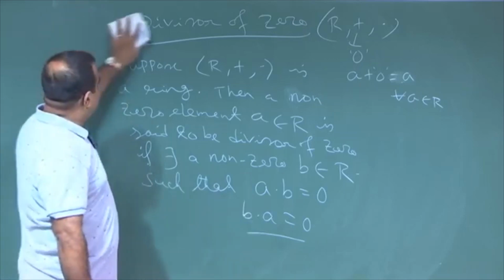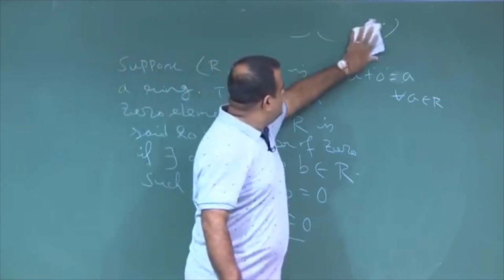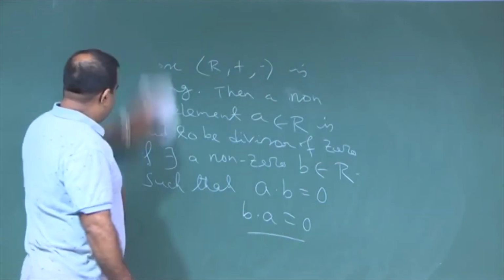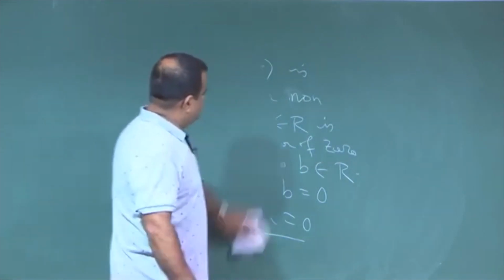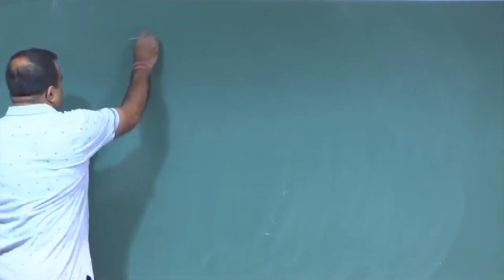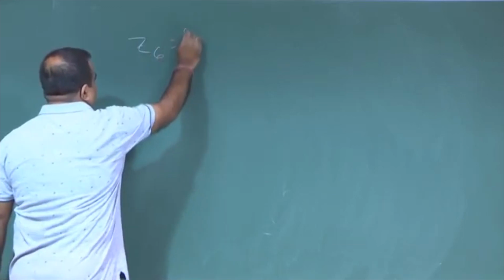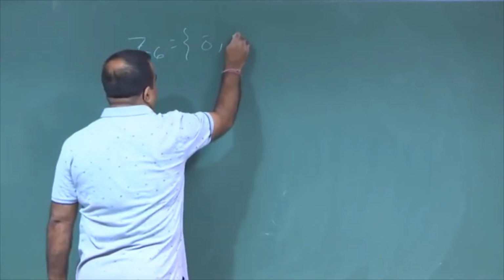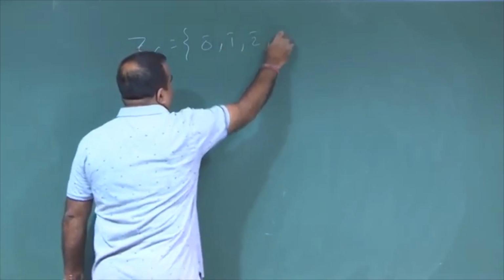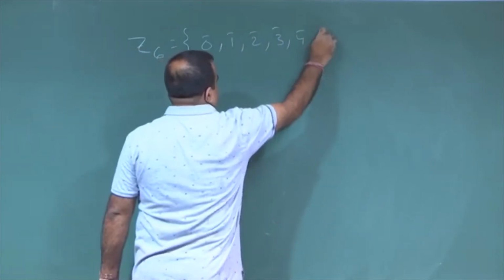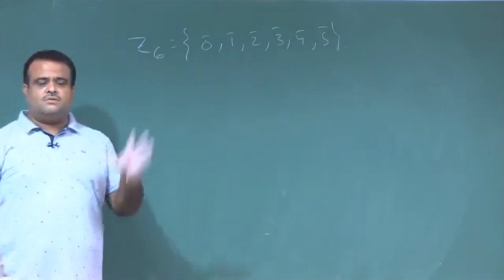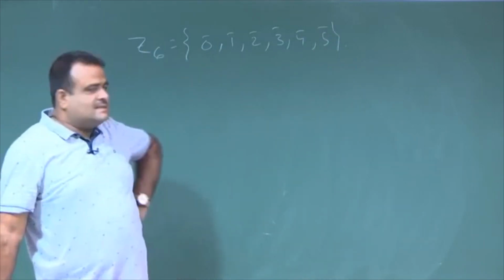Now, we will take an example of a divisor. Suppose we are talking about Z6. We know Z6 is the modulo class of 0 to 5. That means this partitions all the integers into these 6 classes.